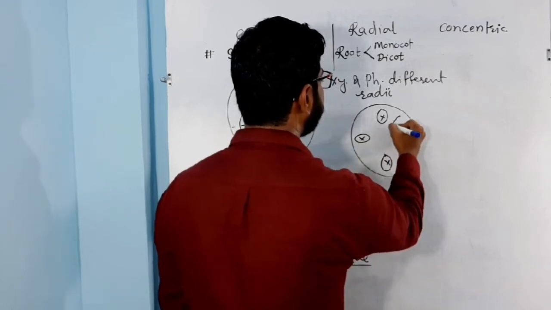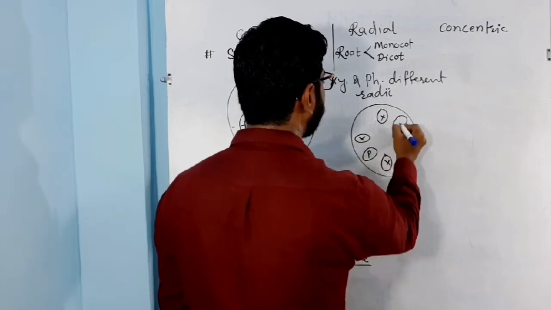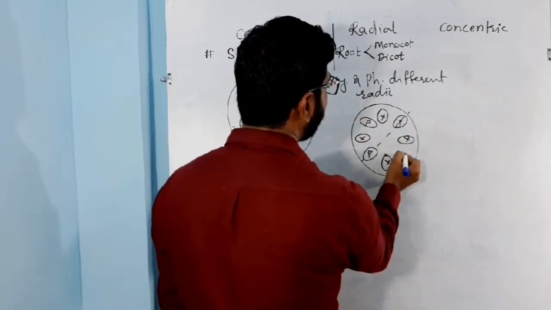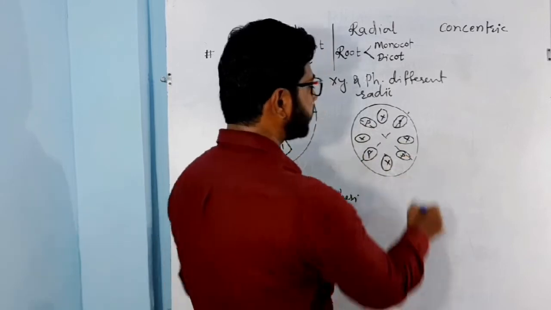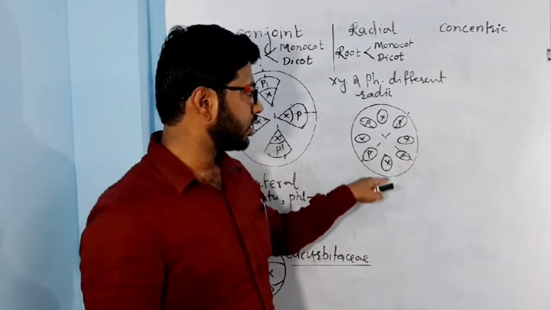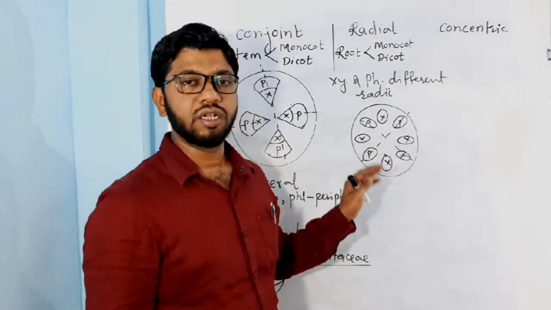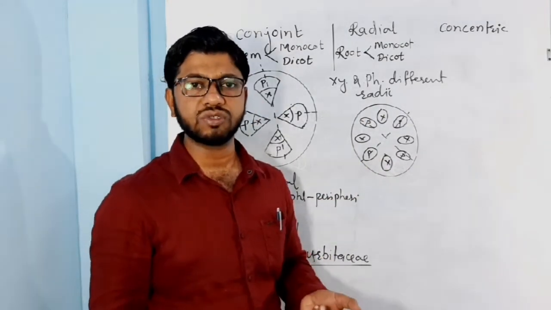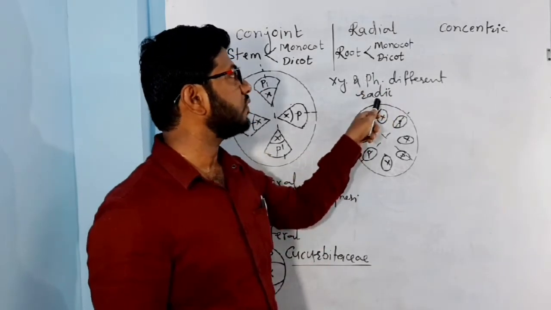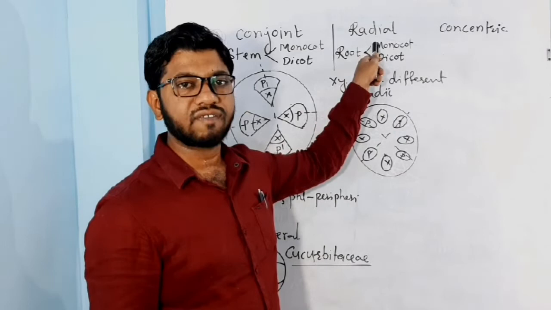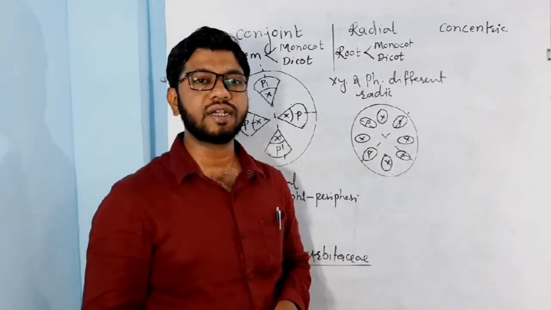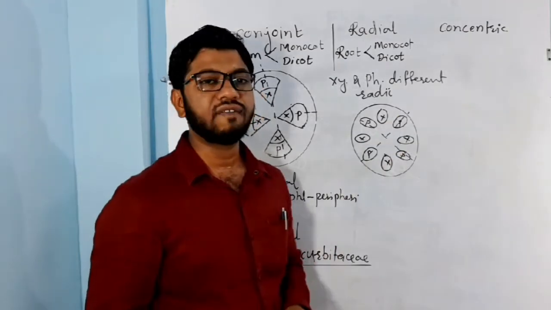These are also xylem, and these are suppose phloem. So phloem has its own diameter. On the diameter of phloem, xylem is not located, and on the diameter of xylem, phloem is not located. So diameter, and we can also use the term radius. So if xylem and phloem occupy different radii, it is called radial vascular bundle, which is characteristic of monocot and dicot root.